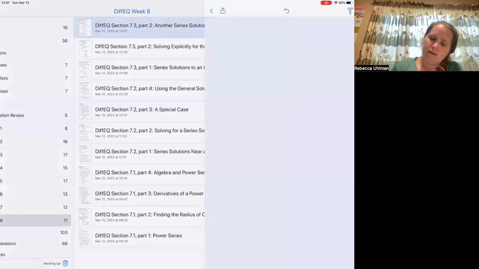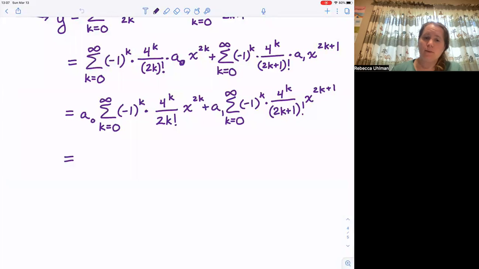From here, we have then rearranging a little more. We can throw that 4 to the k inside of our x to the 2k by rewriting it as 2 to the 2k.